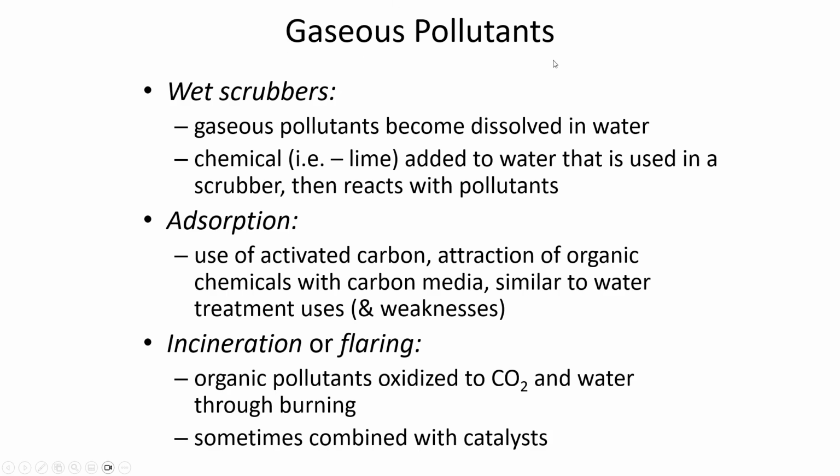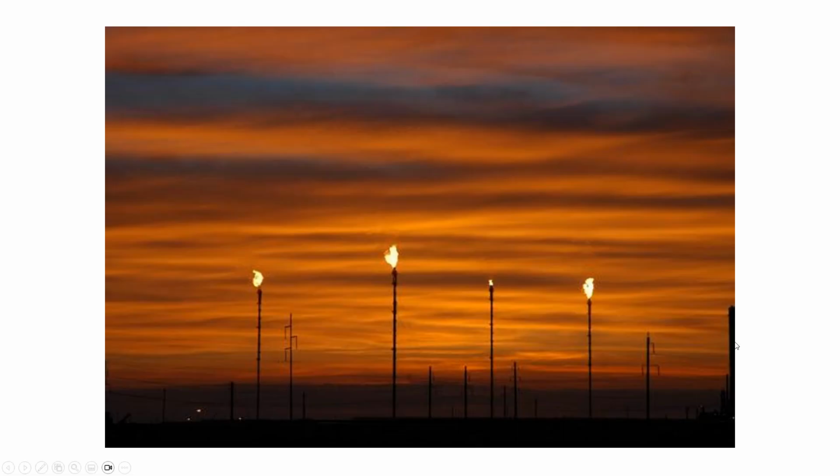Another way we can get rid of gaseous pollutants is just by burning, if it's flammable. Sometimes we'll have to use catalysts to try and make it a clean burn, but flaring you'll see often at refineries where they've got a certain waste stream, and it's actually better for the environment. For example, if there's leftover methane, methane is a much more potent greenhouse gas than carbon dioxide.